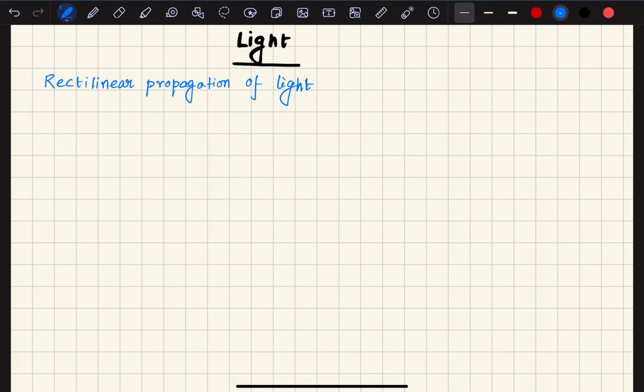What exactly does this rectilinear propagation mean? Well, this means that light travels in straight lines.